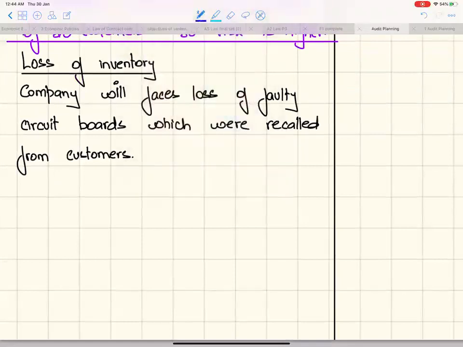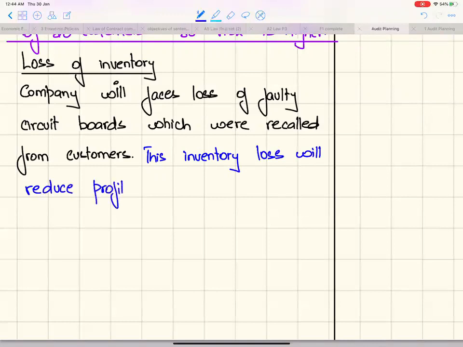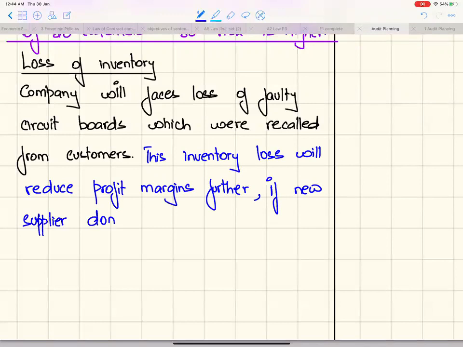Now what is the impact? The impact of risk is this inventory loss will reduce profit margins further if new supplier does not accept his mistake in supplying corroded copper.